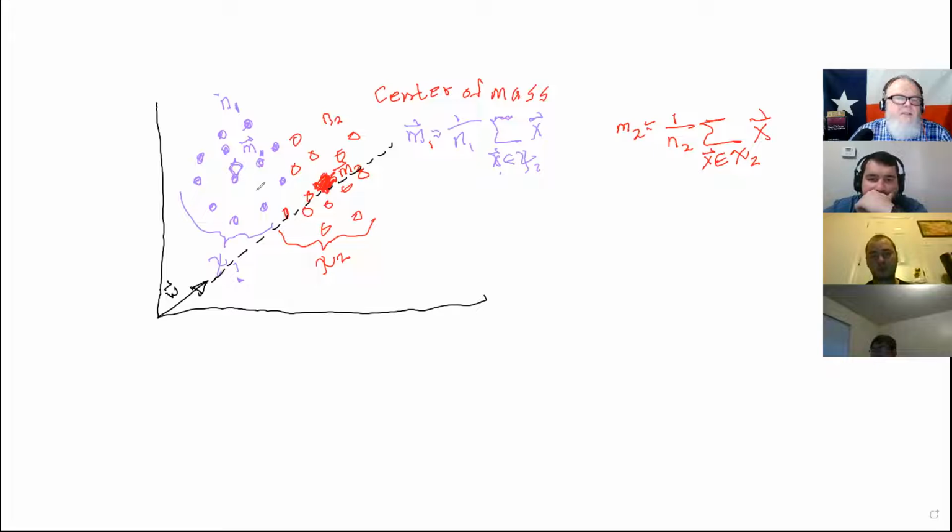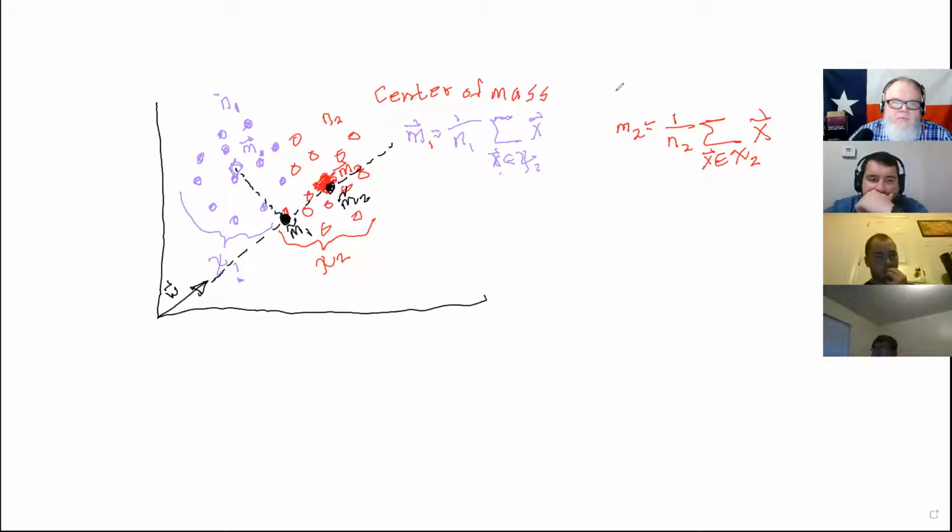So here's the interesting thing. What we'd like to do is we'd like to take this point and we would like to project it onto this line. And this is going to be a value which we're going to call M1 and give it a little twiddle here. And this one is going to be, the projection onto the line is going to be M2 twiddle.